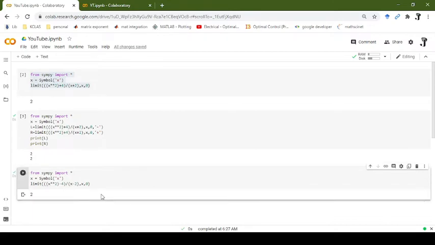Yes, right, we found it is 2, and we could check whether we have done it correctly, because the answer is 4, and for that problem we have taken the limit as 2. So if we put the limit as 2, it is 4. So we have done it correctly.